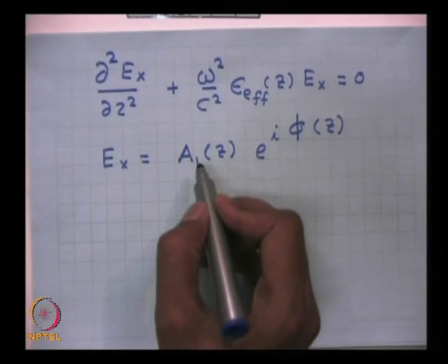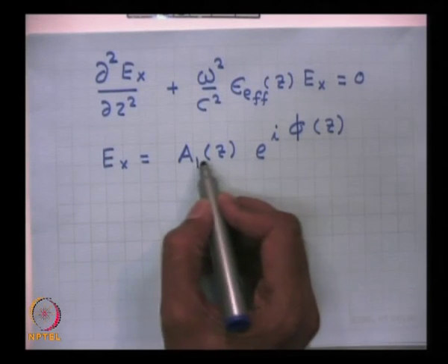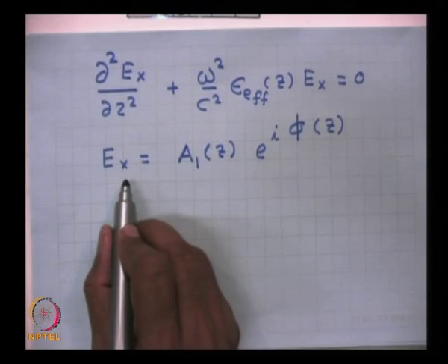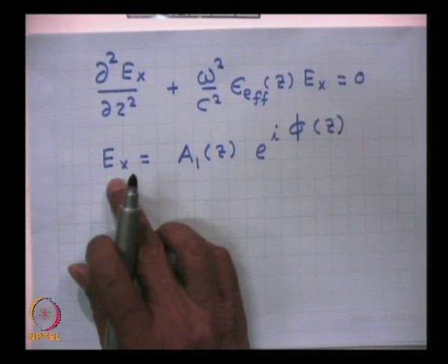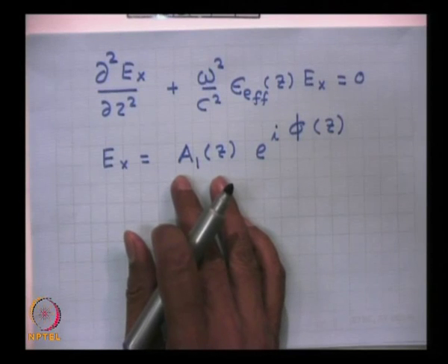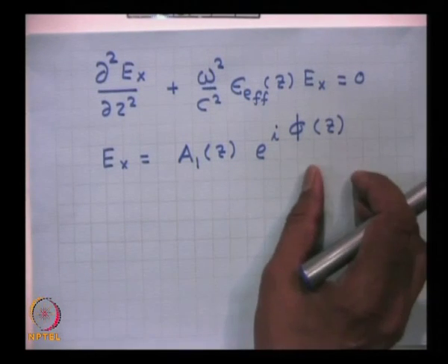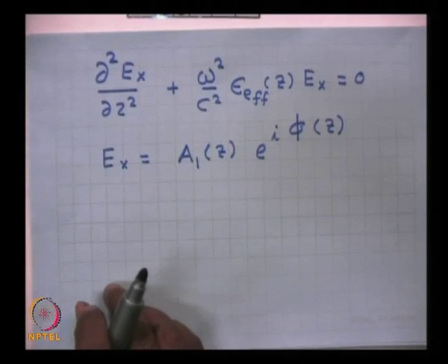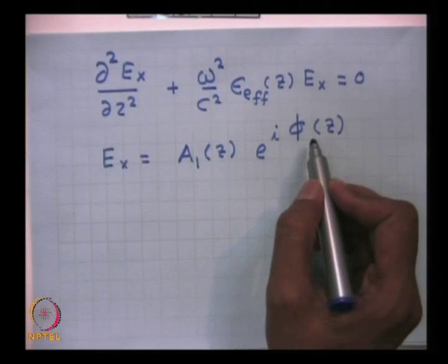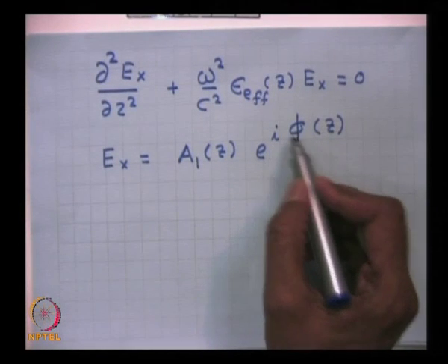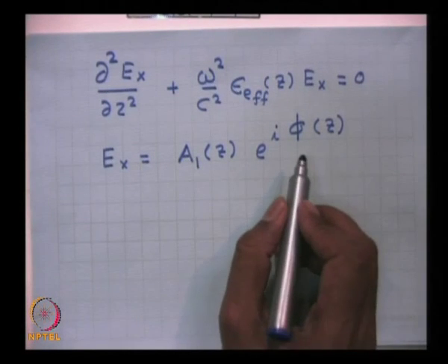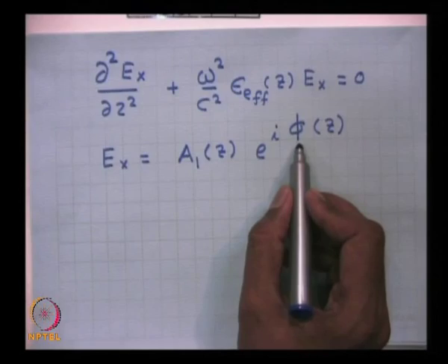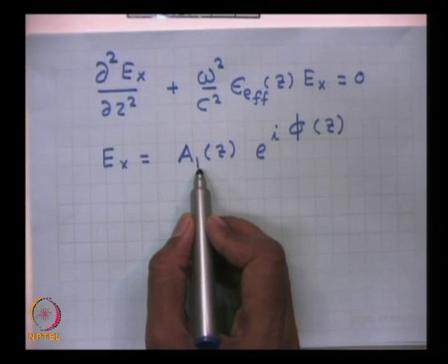Actually there is no need to put subscript 1 here, but it does not matter. So, if this is the kind of dependence, no approximation, I am just writing any complex quantity Ex can be written as some amplitude which depends on z and some phase term. But from our plane wave solution in a homogeneous medium, we know amplitude is a constant. This is a rapidly varying function of z as exponential of ikz. So, here I am saying that when the plasma is inhomogeneous, still the main z dependence comes through φ and the weak z dependence comes through the amplitude.